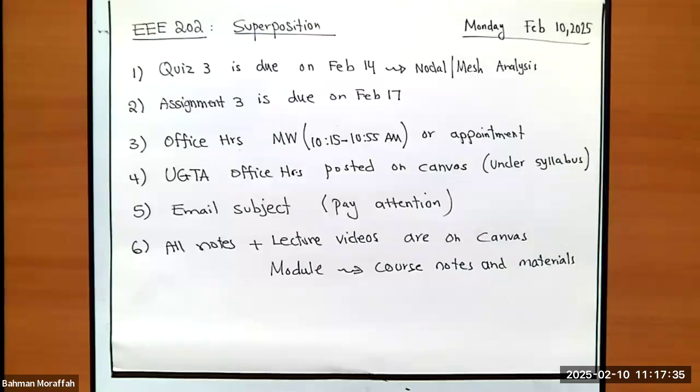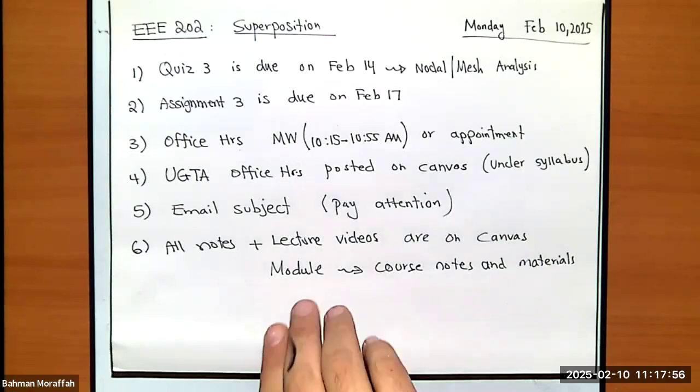So there are two conditions to be able to do superposition. First, the circuit must be linear. Second, I have to have more than one independent source in the circuit, right? Again, the whole idea of superposition comes from linearity. So if the circuit is not linear, this cannot be applied to it.